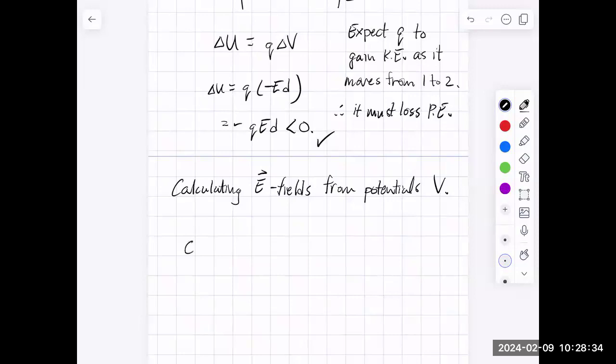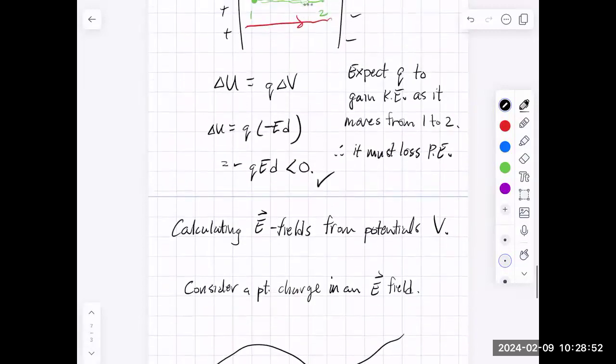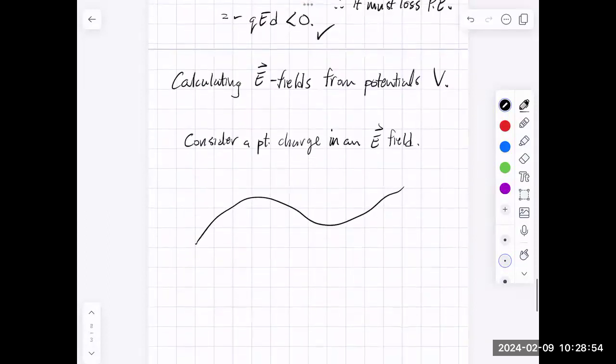So what we're going to do is consider a point charge in an electric field. Let's suppose our point charge is following some path, and then we end up with our charge at some position over here.